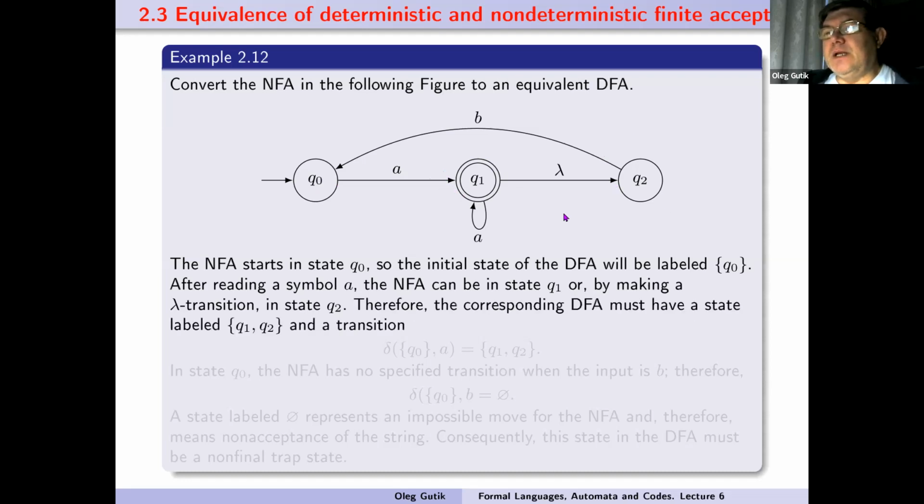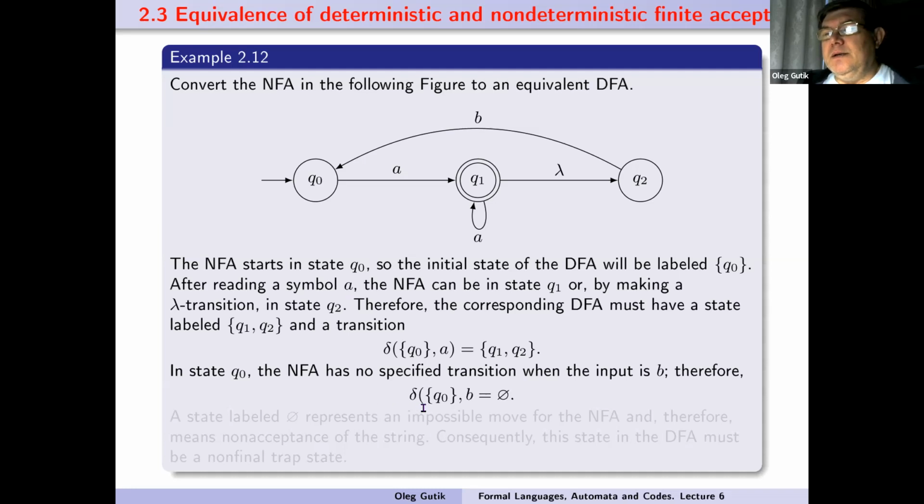Therefore, the corresponding deterministic finite acceptor must have a state labeled {Q1, Q2}, and the transition delta of Q0 and a is equal to the set which consists of the states Q1 and Q2. In state Q0, the non-deterministic finite acceptor has no specific transition when the input is the letter b.